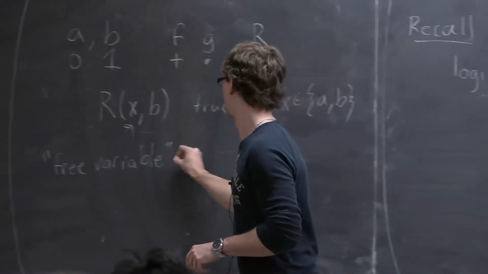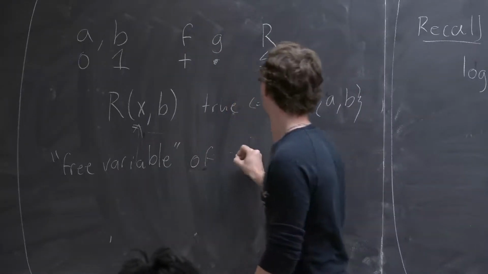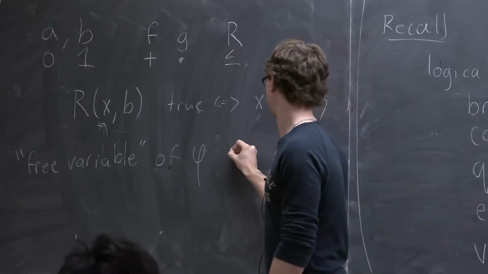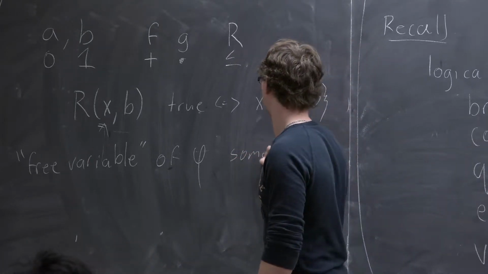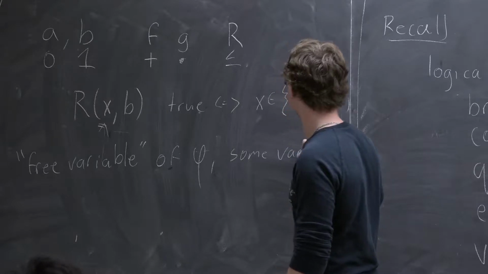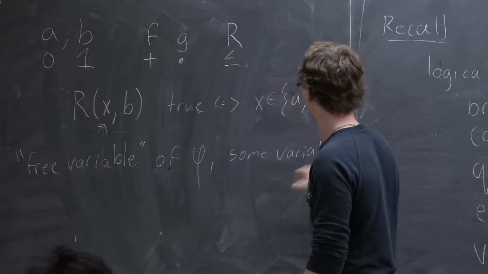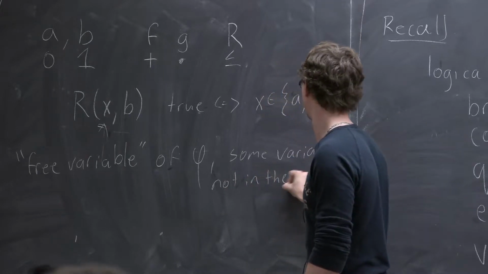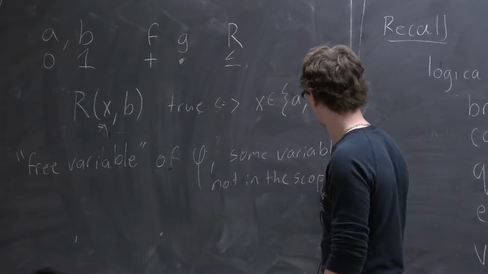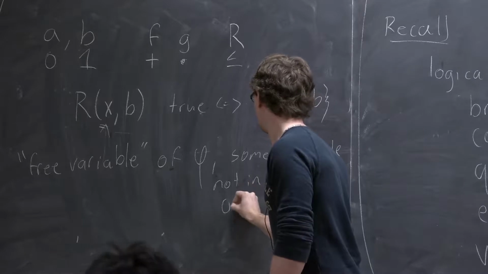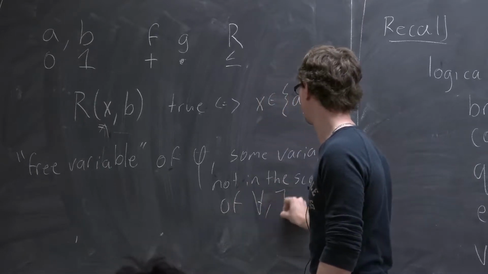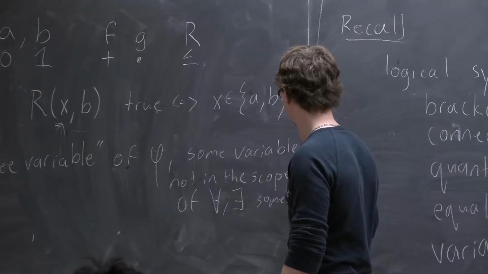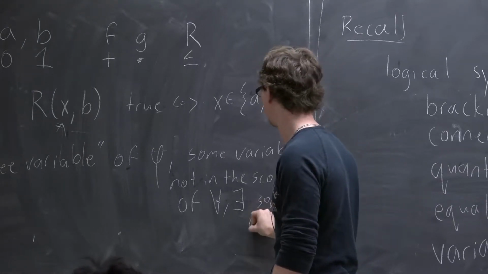So a free variable of phi is going to be some variable not in the scope of either one of our quantifiers somewhere in phi.